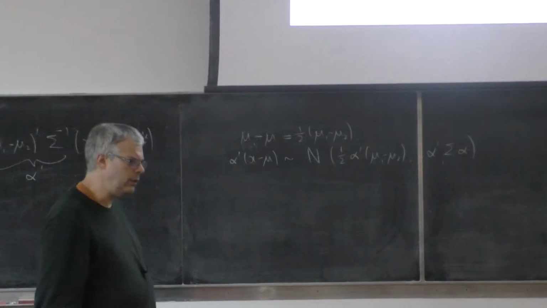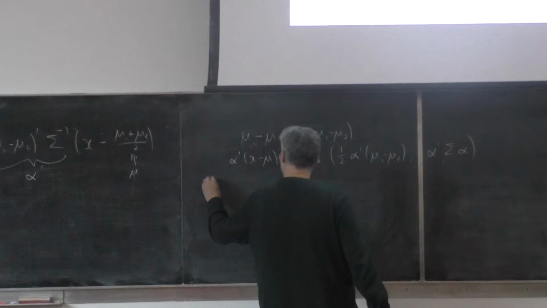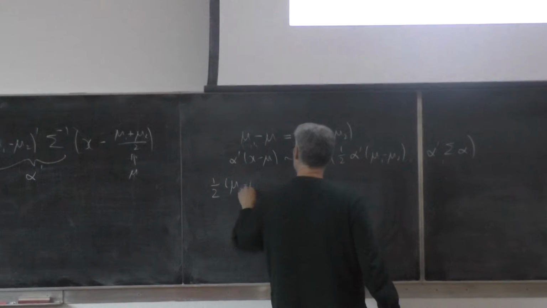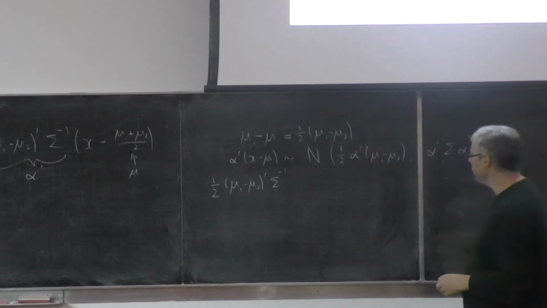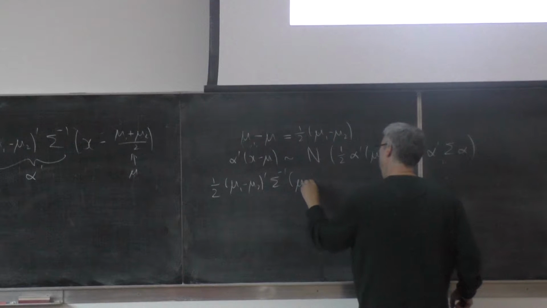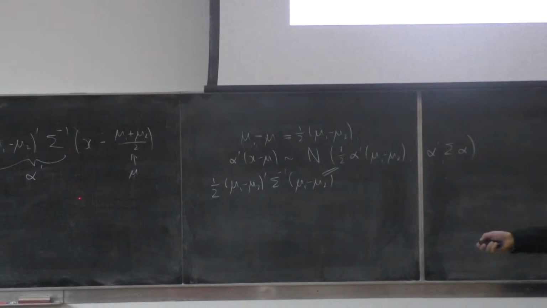So let's just write down what the mean is. The mean is going to be a half alpha dash, well, alpha dash is mu1 minus mu2 dash sigma inverse, that's alpha dash times mu1 minus mu2, that's our mean, where we're using this special value of alpha, which gives us our discriminant rule.